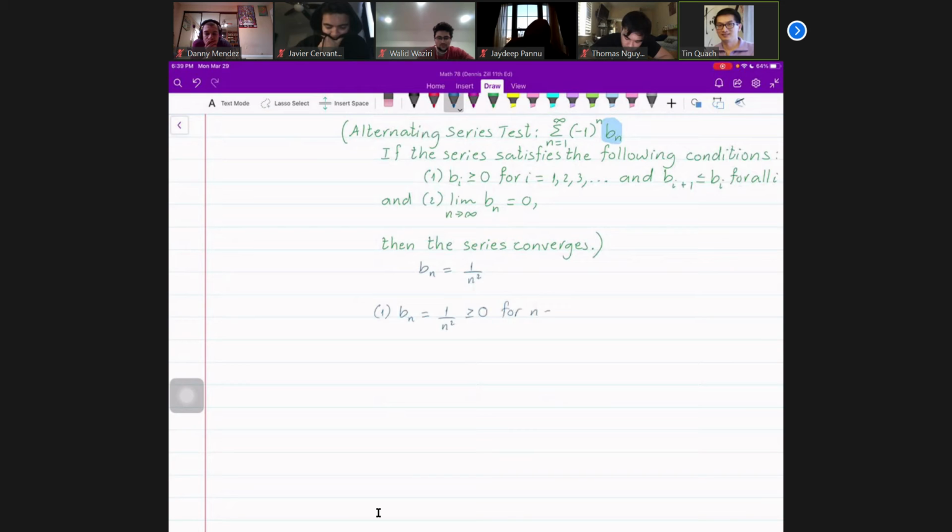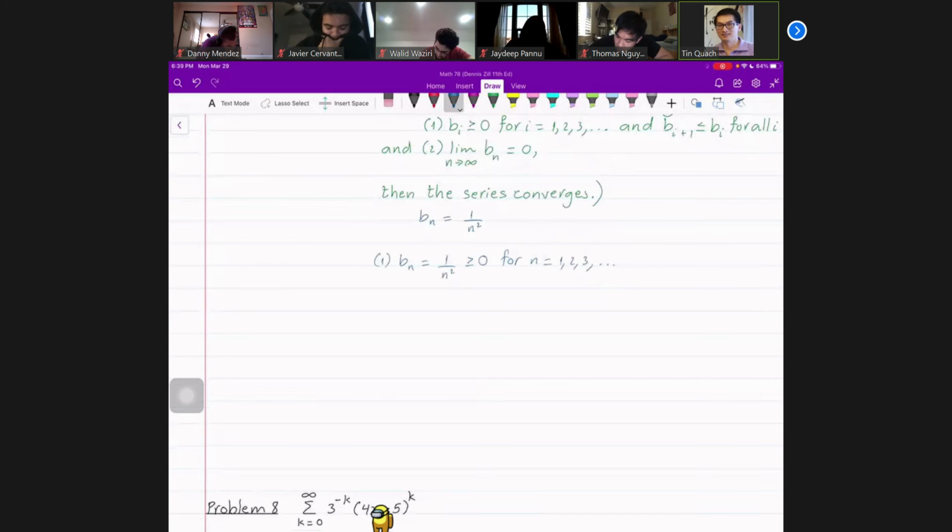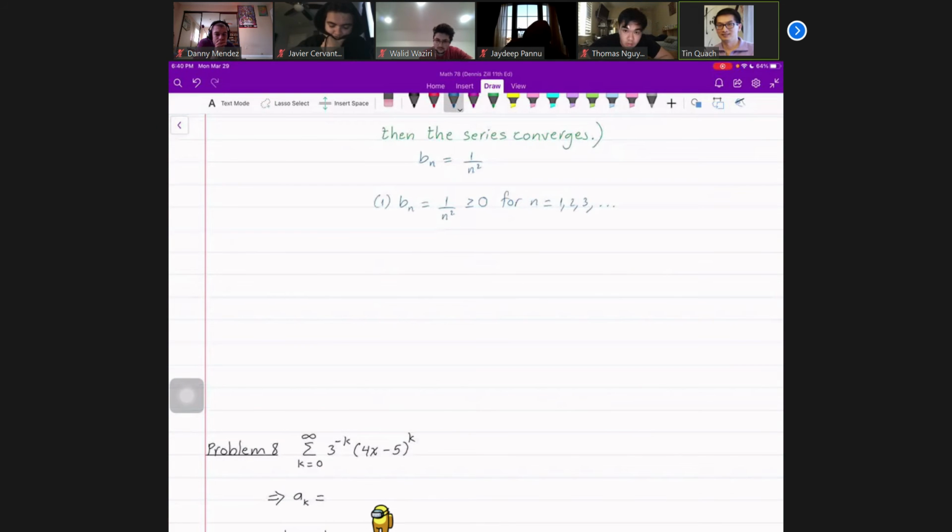For n starting from 1, 2, 3, and so on. And also, how do you know that it is always decreasing? Do you agree that n squared plus 1 is greater than or equal to n squared, for n equals 1, 2, 3, and so on, right?